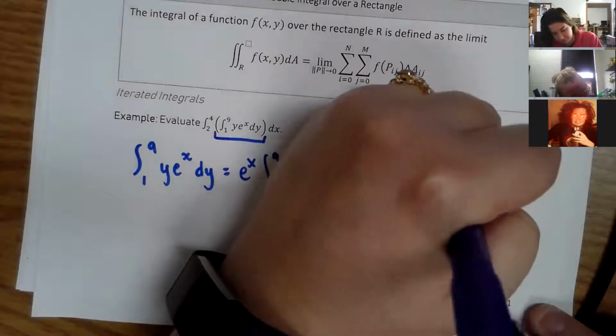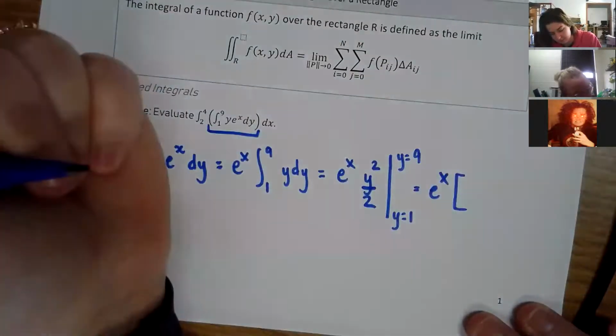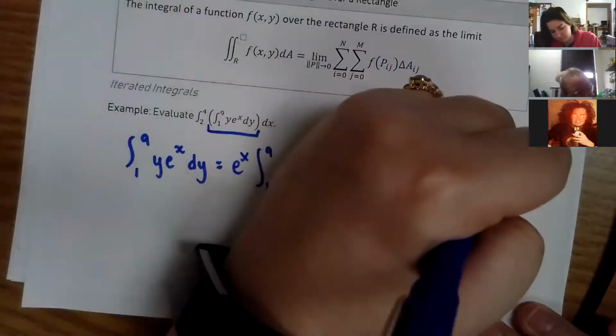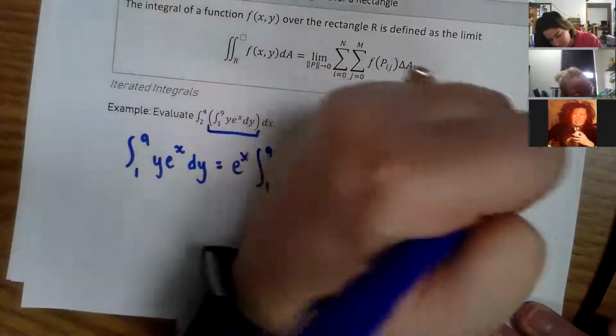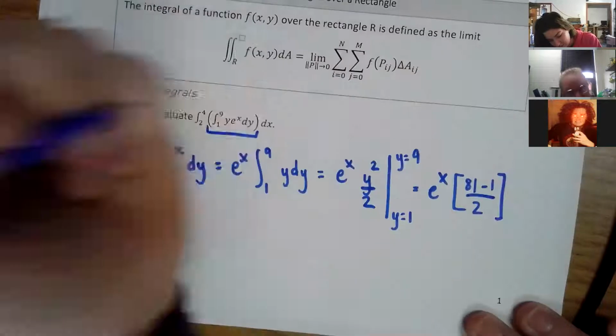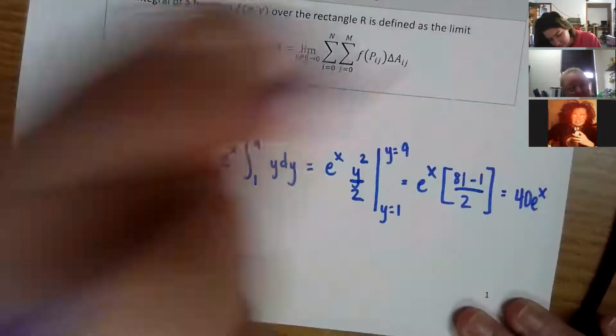So I get e to the x, and that's going to give me 81 minus 1 over 2, which is 40 e to the x, right?